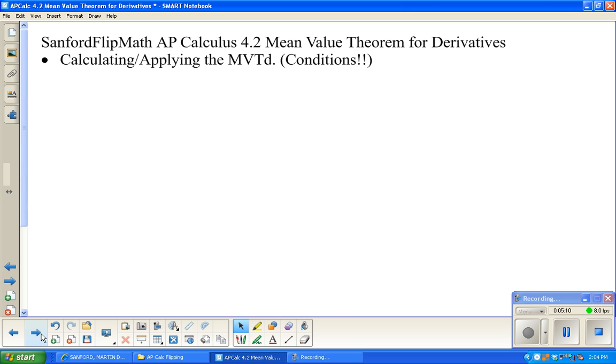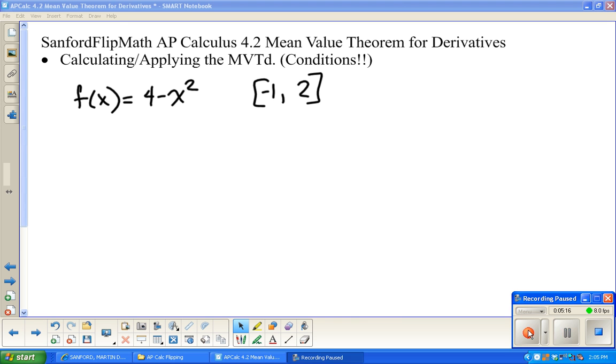And then the question becomes, so what? How do we use this? Well, let's look at an example. A fairly straightforward example is, let's say I'm talking about a function, f of x equals 4 minus x squared.